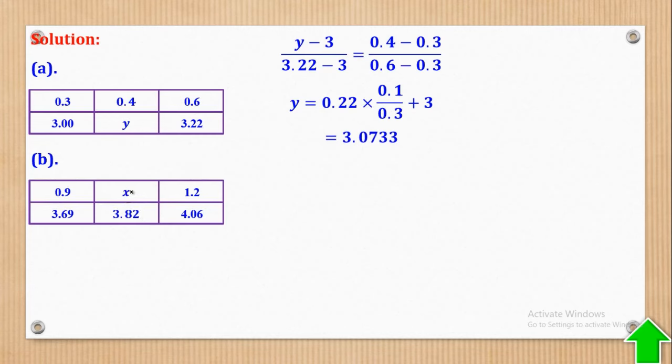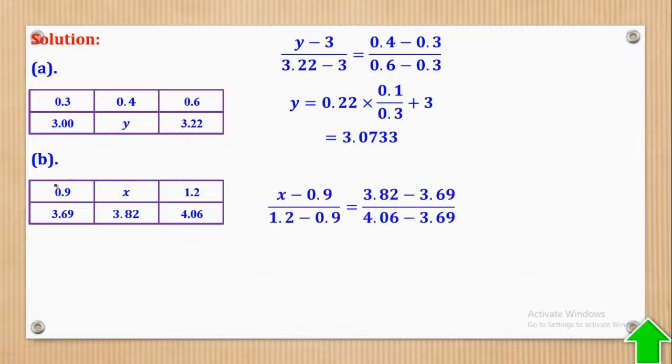Since we want to get x, we are going to start, in our ratio, with changes in x and equate them to changes in y. So still, you compare this value and this value. It is this one which is smaller, therefore when you're getting your ratio you'll say x minus 0.9 divided by 1.2 minus 0.9.